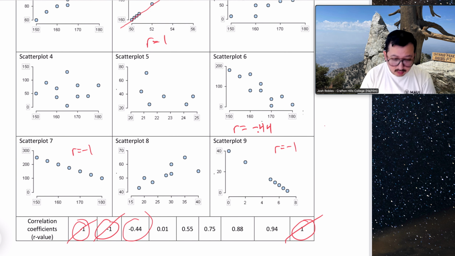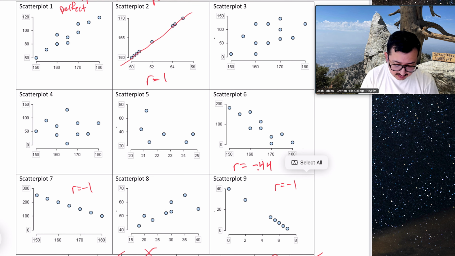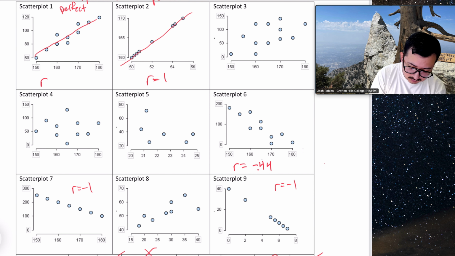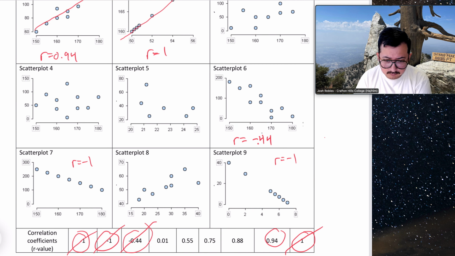Let's work our way inwards. So 0.94, almost 1, should be a very strong positive pattern. And I think that would be this one here. 0.94. 0.88, very similar.